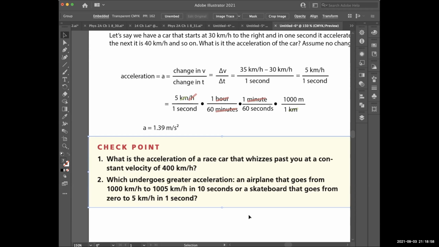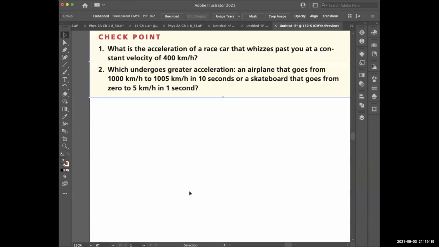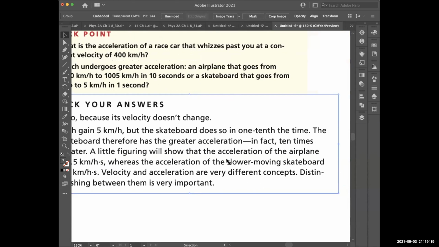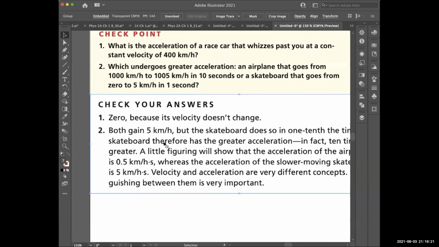Because it took a shorter amount of time to increase by 5 kilometers per hour. Yes, exactly right, Timothy. All right, let's put that in. Hold on, guys. Any questions about this?